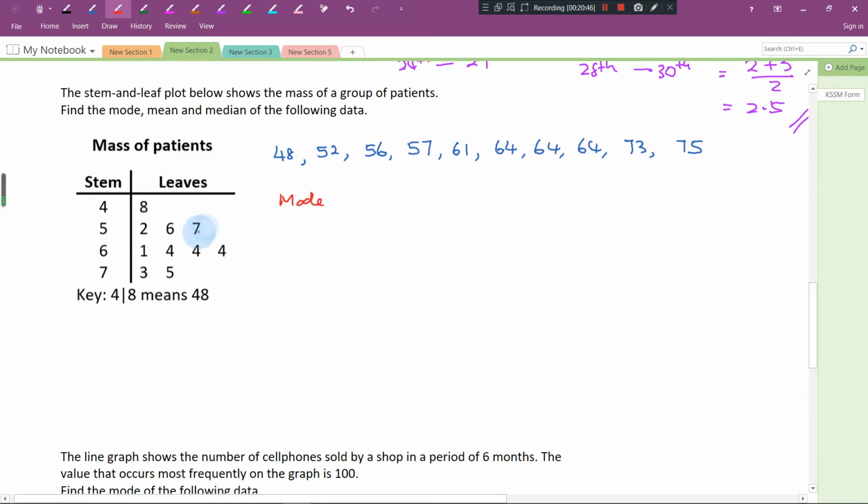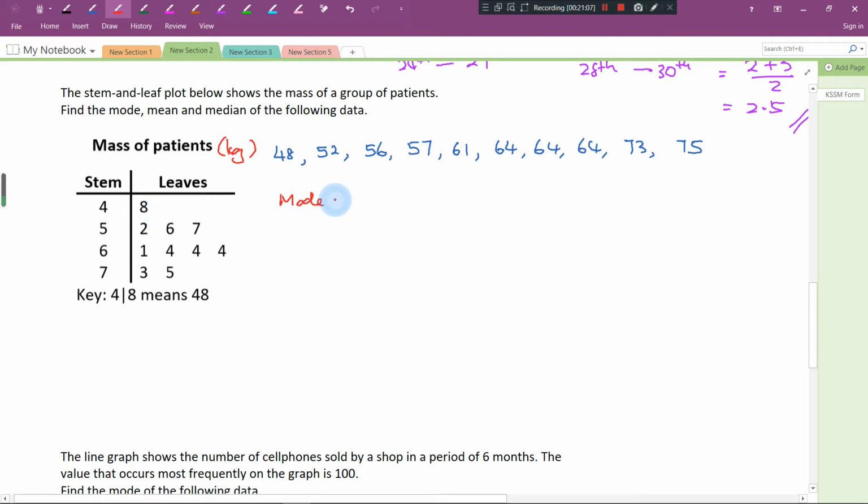This question doesn't tell us this is kilogram, but it should be kilogram, right? Because it's impossible to be 48 gram, as this is the mass of a patient. So I write kilogram over here. Now 48 means 48 kilogram.